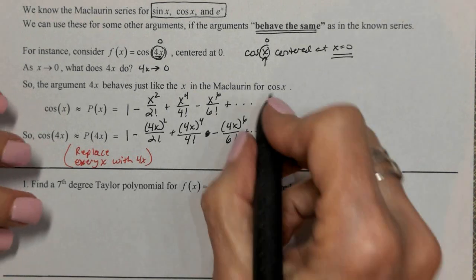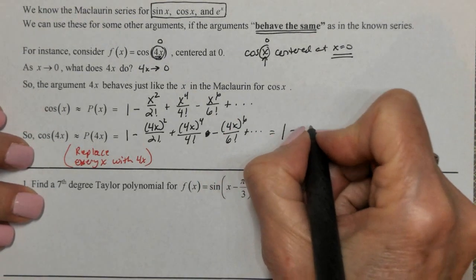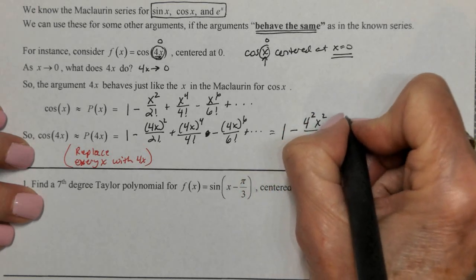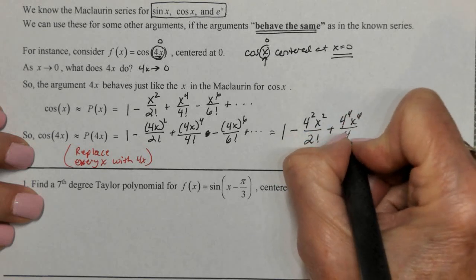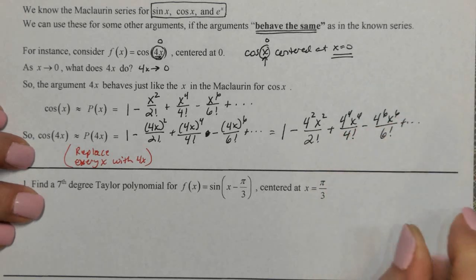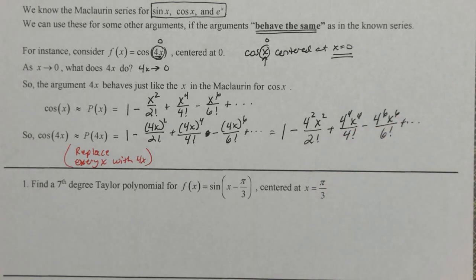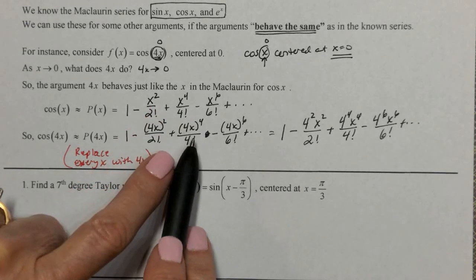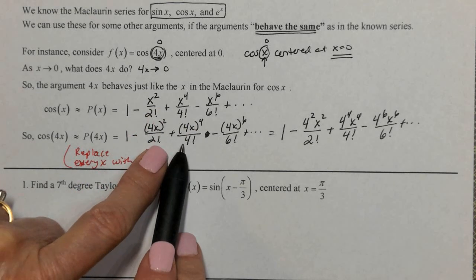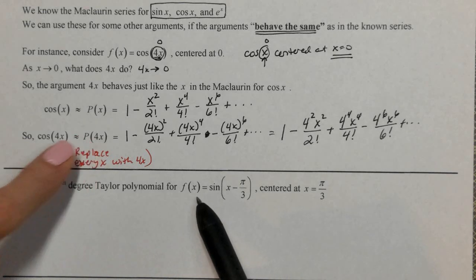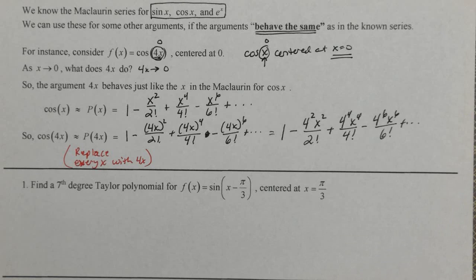So I could rewrite this if I wanted to or needed to as 4 squared x squared over 2 factorial plus 4 to the 4th x to the 4th over 4 factorial, etc. So that's what I mean about how you can use your memorized Maclaurin series to create a Maclaurin series for a new function without going through the whole derivative process. But that only works when their arguments behave the same.